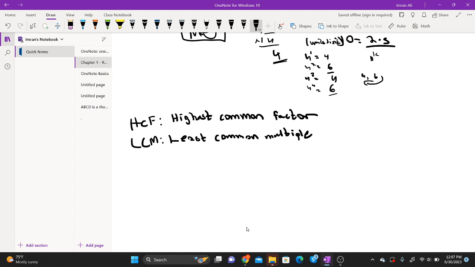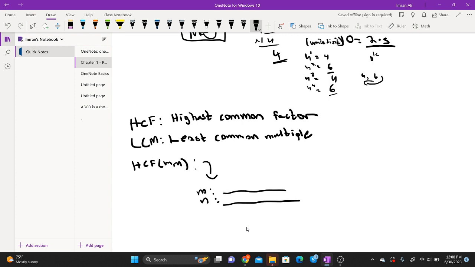So HCF and LCM, how do we figure these out using prime factorization? I want to do a general thing first. If you have the HCF of m and n, two positive integers, then the method to find the HCF is to find the prime factorization of m and n.